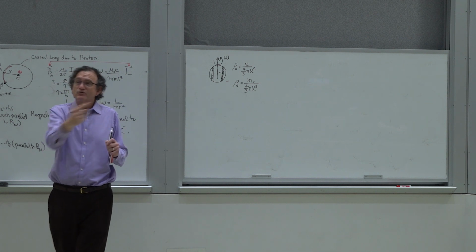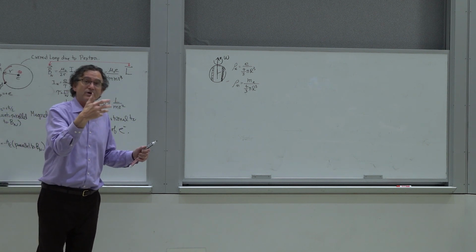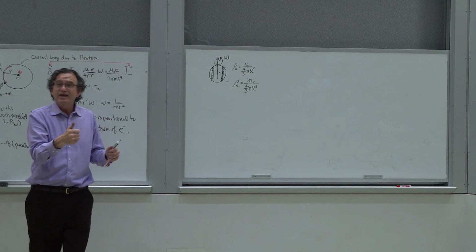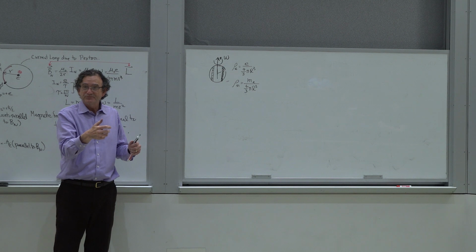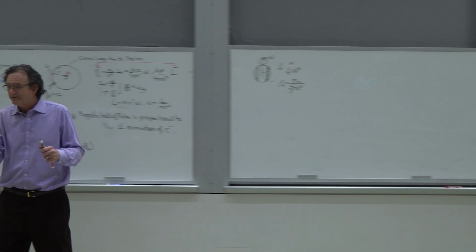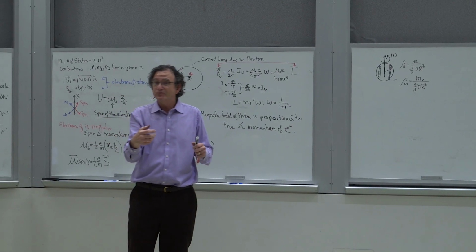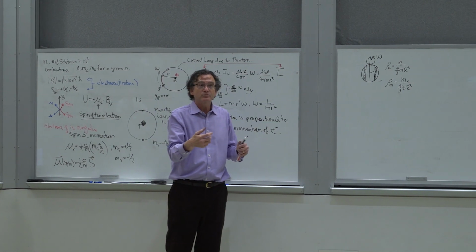So not only is the electron going around the proton, and it makes a current loop, but the electron is spinning on its own axis and has an intrinsic current loop. Right? You understand that? There's two concepts of spinning charge going on here, or two concepts of current loops.